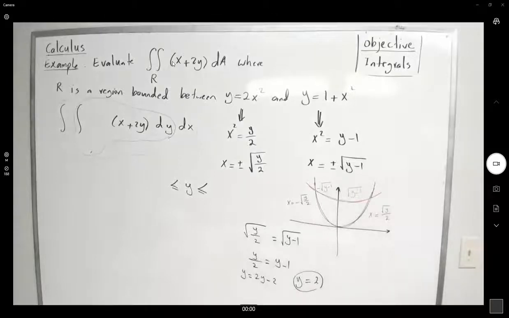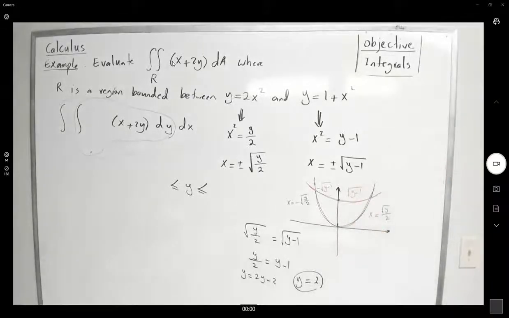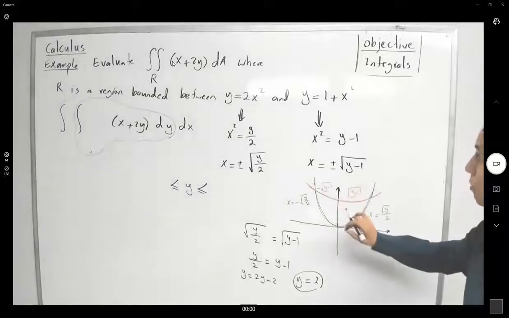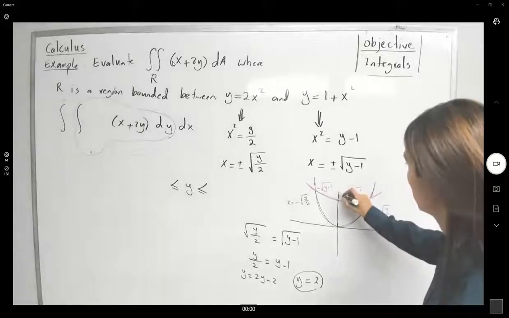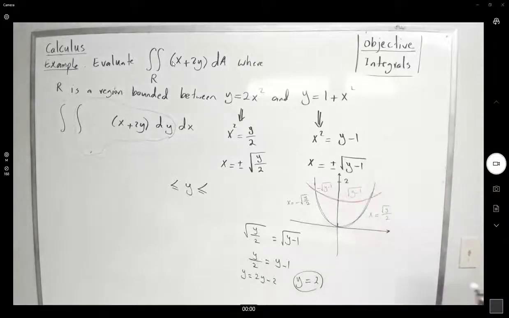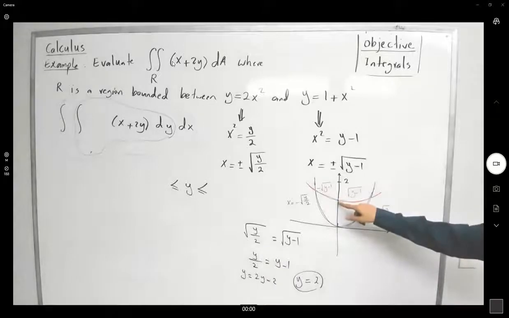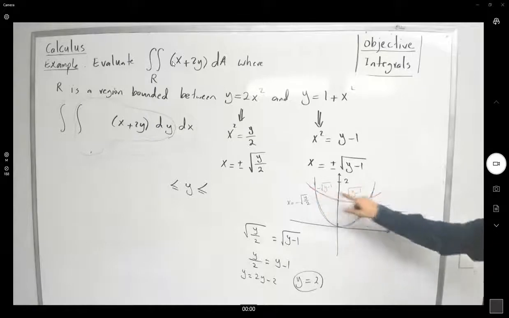So it seems like my y is ranging between 0 and 2. If I plug in 2 here, my y is going to be, let's see, a little bit off. So at this point, we're trying to find the intersection between x and y.